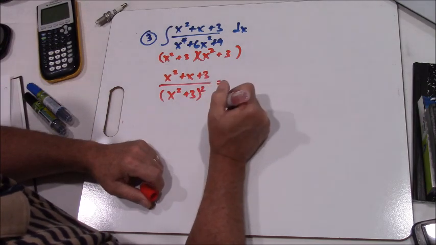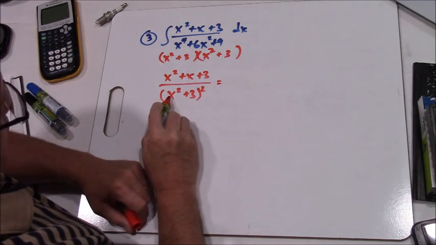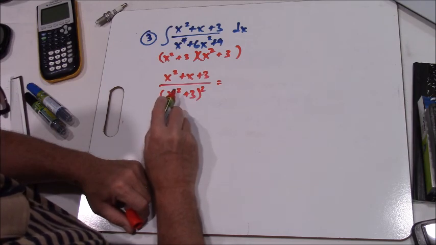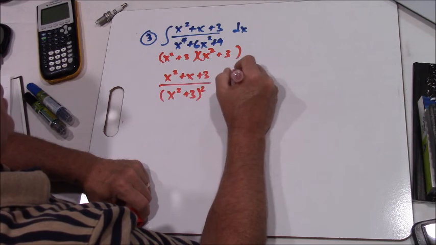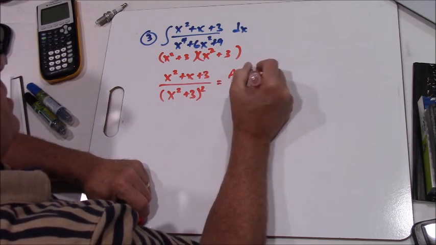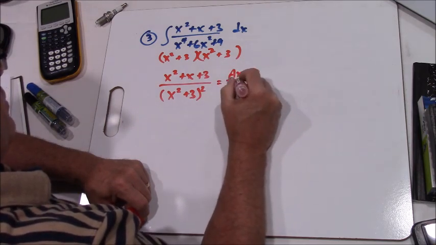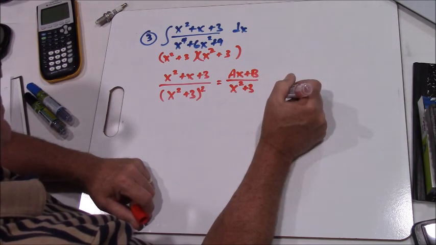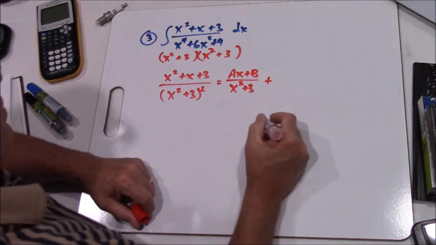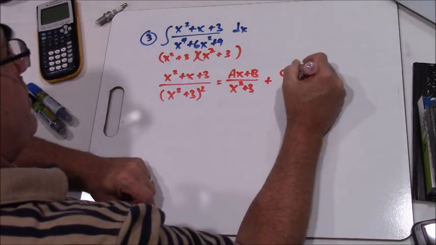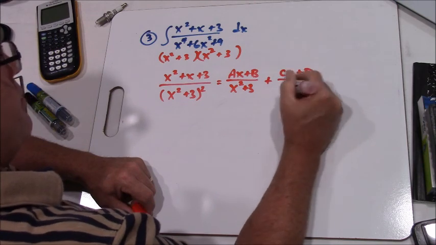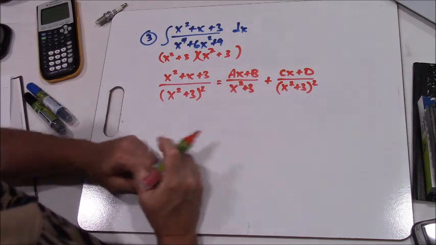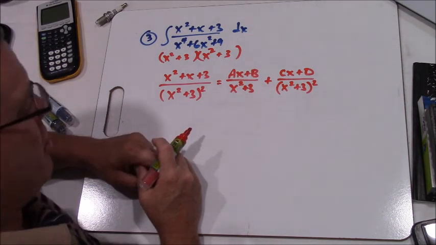And that's going to equal one fraction. Now, since this is a quadratic, my numerators have to be linear, which means I need ax plus b over x squared plus 3 plus cx plus d over x squared plus 3 squared. You can see how these are getting a little more complicated.